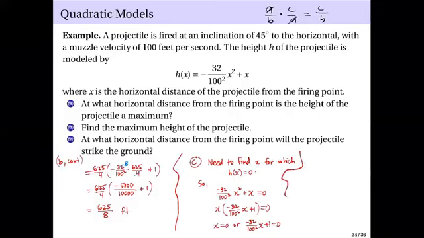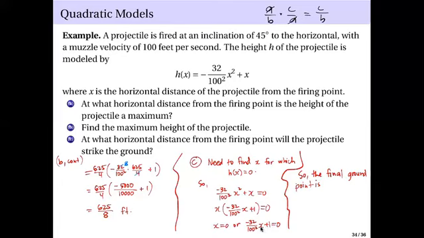Okay? And so the final point, or the final ground point, is this case.